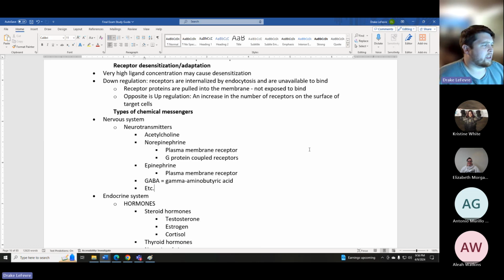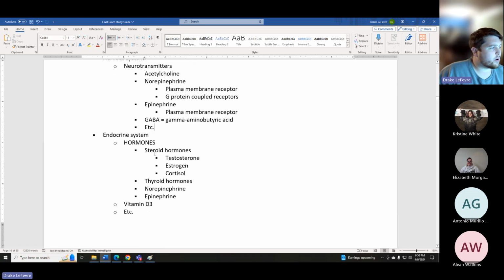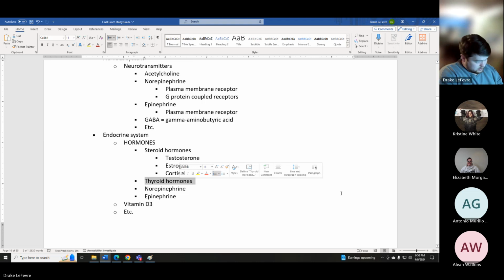Remember roughly what things bind to G protein coupled receptors. Steroid hormones, thyroid hormones. Where do those bind in a cell? Nucleus? Yeah, they're nuclear receptors.